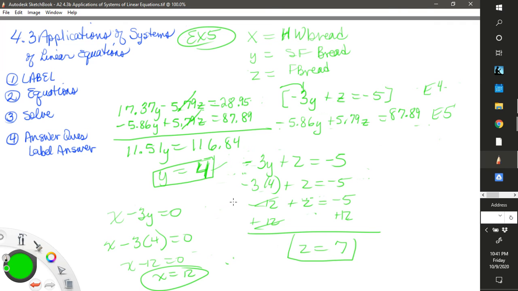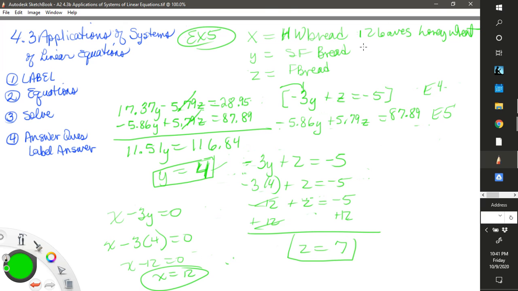In our final answer, they're asking us to answer the question, how many loaves of each type were sold? So X corresponds to honey wheat. So we had 12 loaves of honey wheat. And Y corresponds to sunflower.